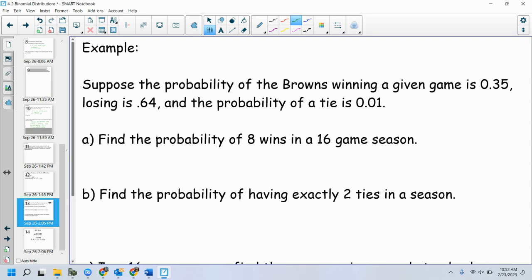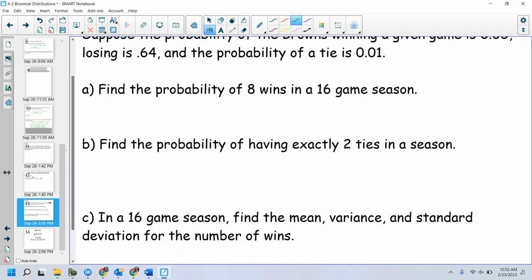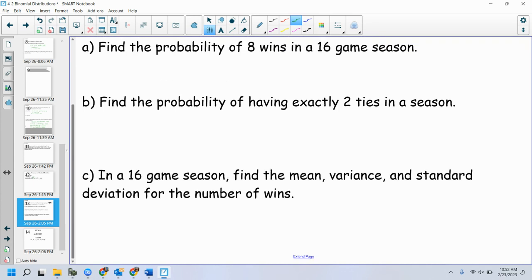So we have to kind of count tie in with the loss because that's not winning, right? So it would be 16C8, 0.35 to the 8th, 0.65 to the 8th, right? And then we could calculate that out. Exactly 2 ties. Now, what do you think the probability of getting exactly 2 ties is? Super low, right? Yeah, so know what to expect.